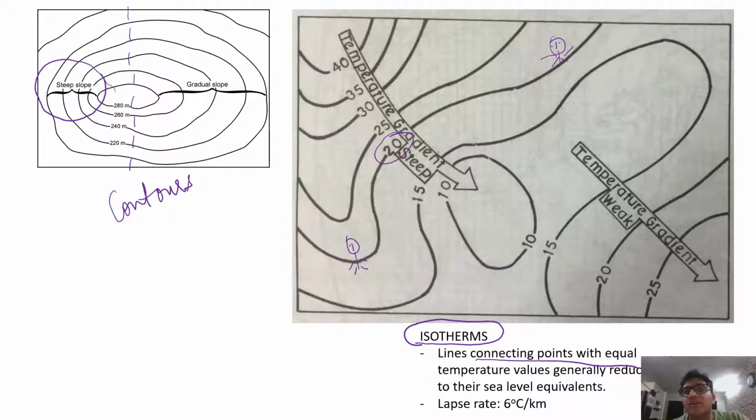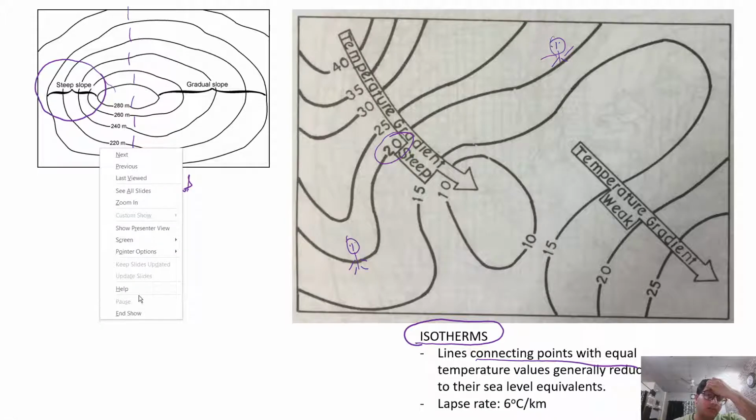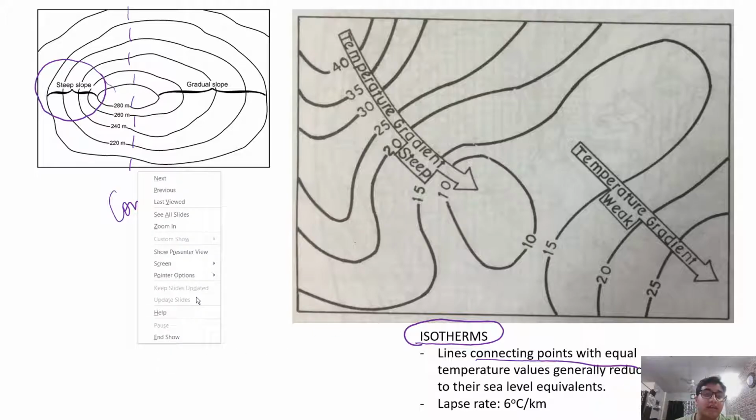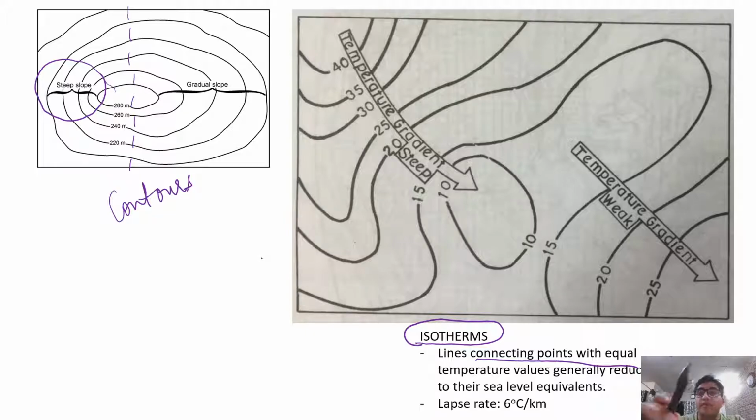I am sure you all must have done the profile making exercises, and then you are easily able to understand. Similarly, when we see the isotherms which are closely spaced, it means that the gradient of the isotherms is very steep.